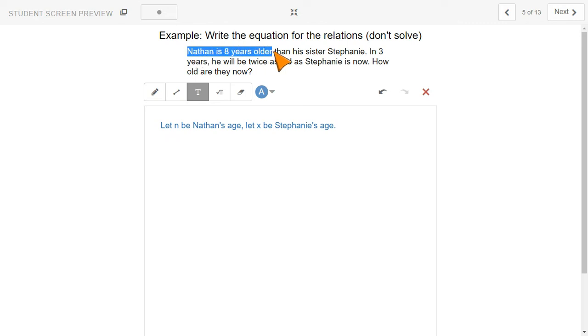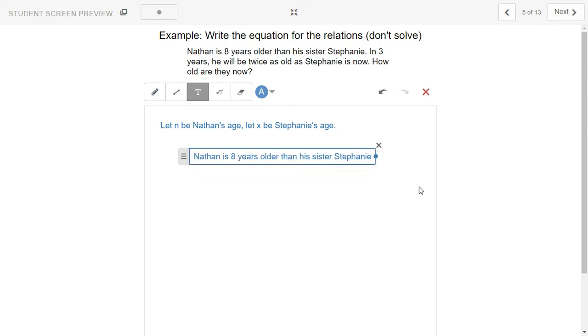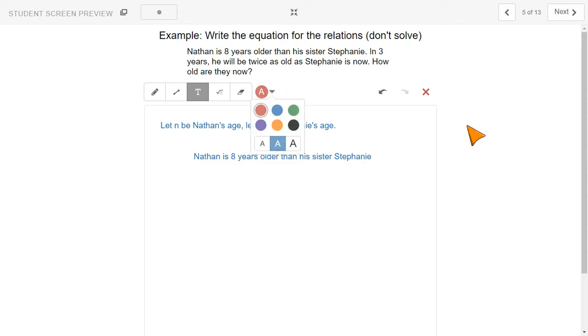Okay. So the first part of the sentence tells us that Nathan is 8 years older than his sister Stephanie. Well, we know that the word is means equals. So I'm going to put an equal sign here.